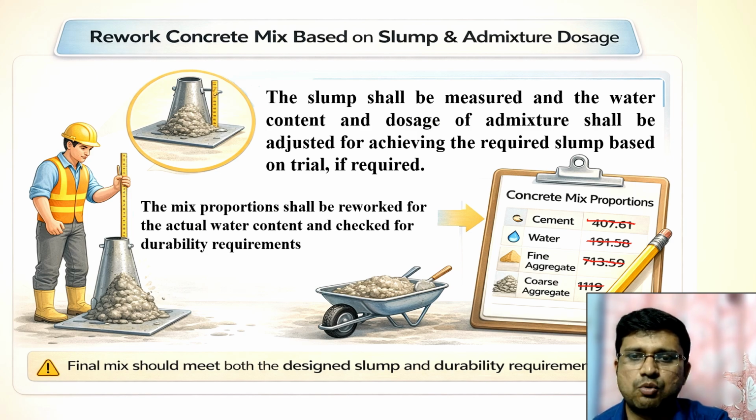This way, the water-cement ratio remains unchanged. In our problem, the water-cement ratio is 0.47. So we must maintain this value. But we can adjust the quantity of water and cement together until we get the required slump of 75 mm. The adjustment is normally done during the trial mix stage as recommended in our IS code.